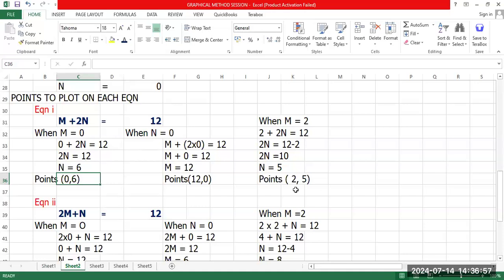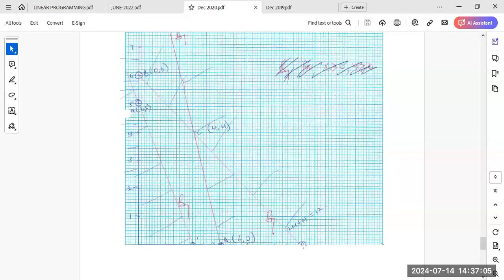12 is on the horizontal axis, 0 is on the vertical axis. So my 12 is around here, and I know that my y equal to 0 is also on this point. So I put here a plus, also a dot.